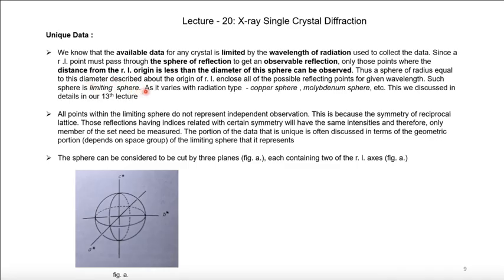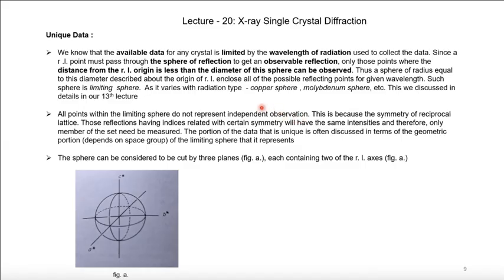As it varies with different radiation types, the copper sphere and molybdenum sphere are not of the same size; they are different limiting spheres. We take these limiting spheres into consideration, and then within the limit we can find out independent observations. What do I mean by independent observation?